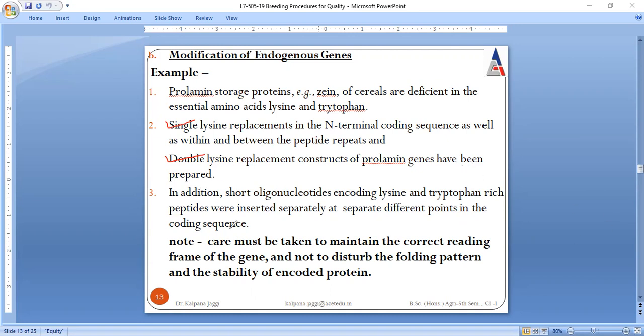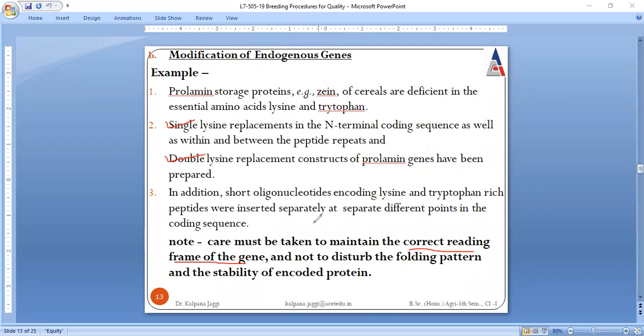But whatever method is adopted, care is to be taken that the reading frame is not changed, right? Because if the reading frame is changed, it will disturb the folding pattern and the stability of the encoded proteins, and we don't want in any scenario the folding pattern and stability of the encoded protein to be affected.